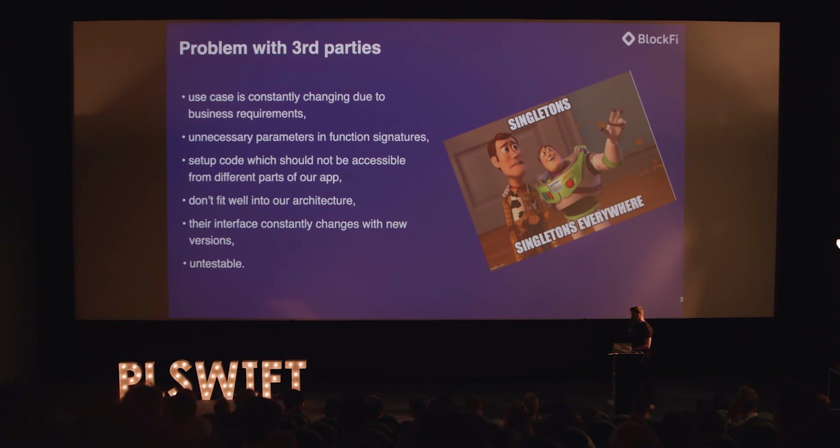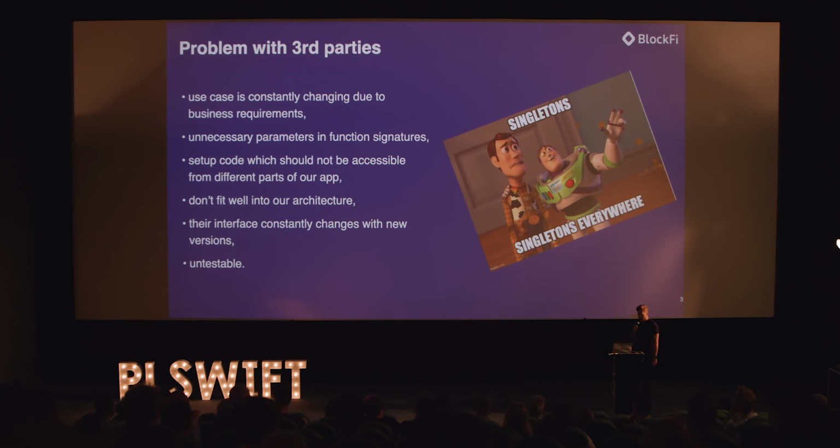their use cases are changing, and they are often changing due to changes in our business requirements. Also, they use unnecessary functions, unnecessary parameters in function signatures. Their setup code is accessible from every part of the app if we don't encapsulate it, and we don't want that. They also don't fit well in our architecture or don't fit at all.